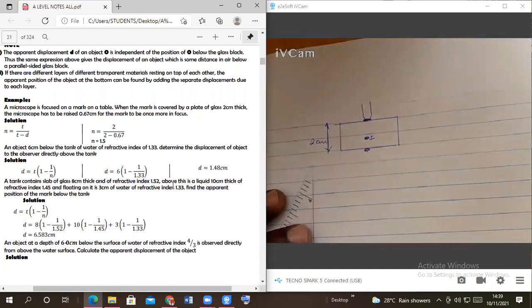They're saying that the microscope has to be raised 0.67 centimeters from the mark to be once more in focus.